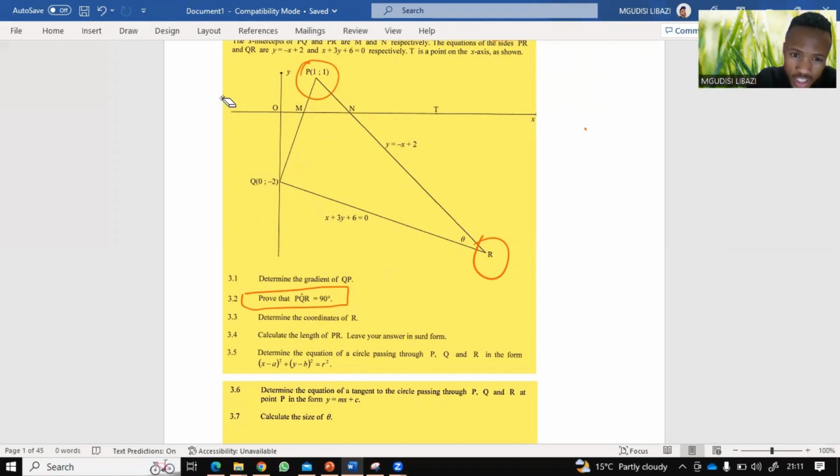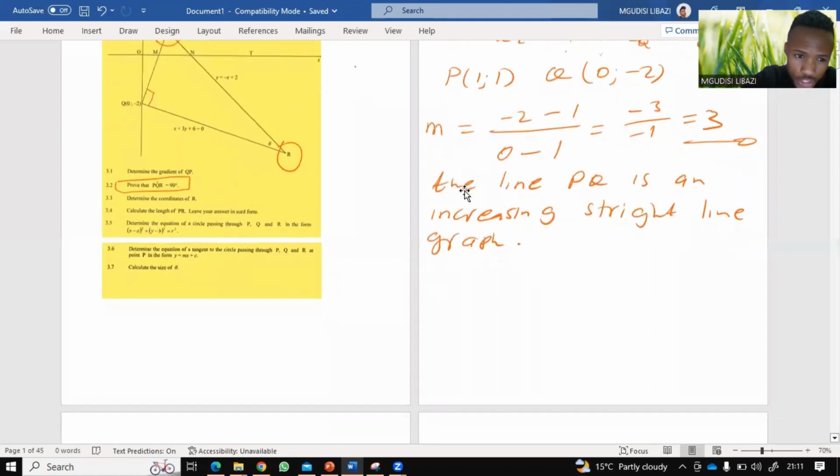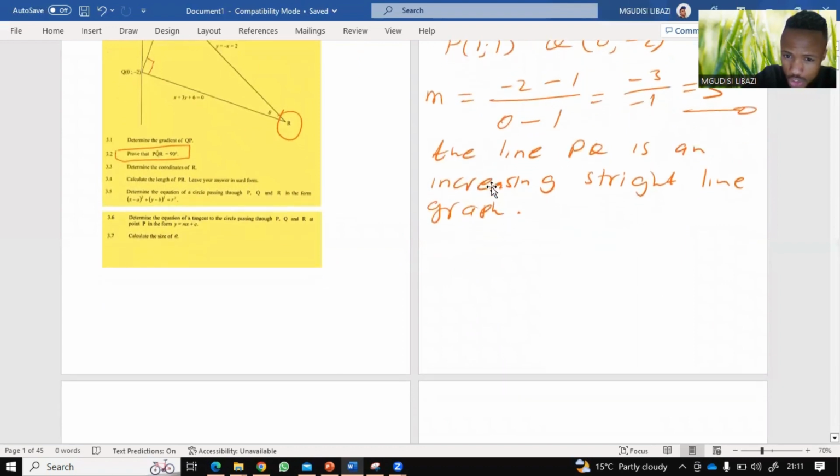To prove that, the product of the gradients of the lines that join to make the angle should give us -1. That means if we find the gradient of PQ and the gradient of QR and multiply them, they should give us -1 in order for us to say they are perpendicular, so the angle is 90 degrees.